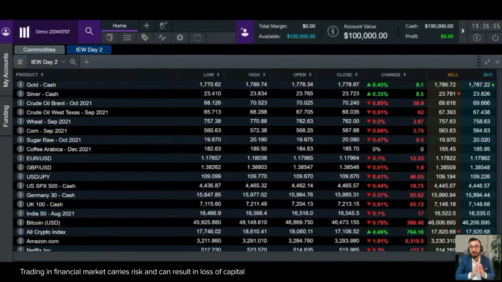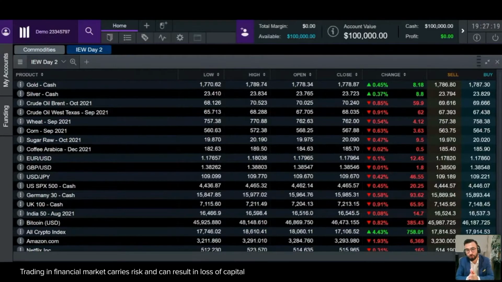The second column is high, which is the highest price gold has seen today. The third column is opening, the price at which gold opened. The fourth column is close, which means last night's closing price of gold. When markets closed, what price was gold at?